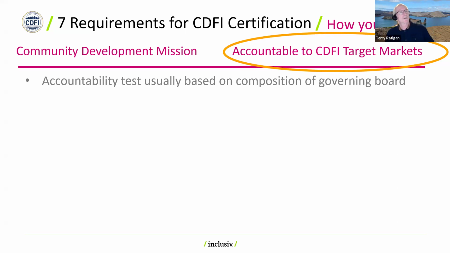If you're certified to serve low income, they're going to look at people who are either themselves low income or work for organizations that predominantly serve low income. So it's very specific to the CDFI definitions of the communities that you serve.